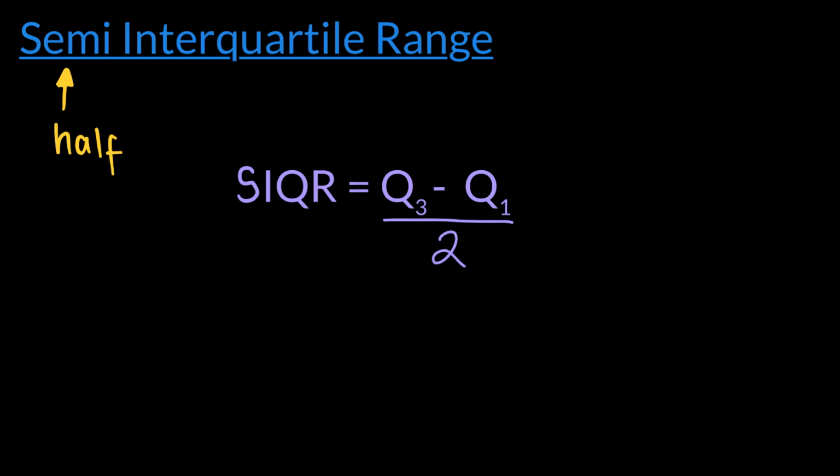The semi-interquartile range is also unaffected by any outliers in the data, so any really extreme values that are either extremely small or extremely large that might skew your results otherwise. So the semi-interquartile range isn't affected by these big outliers, and that's why we would use it.